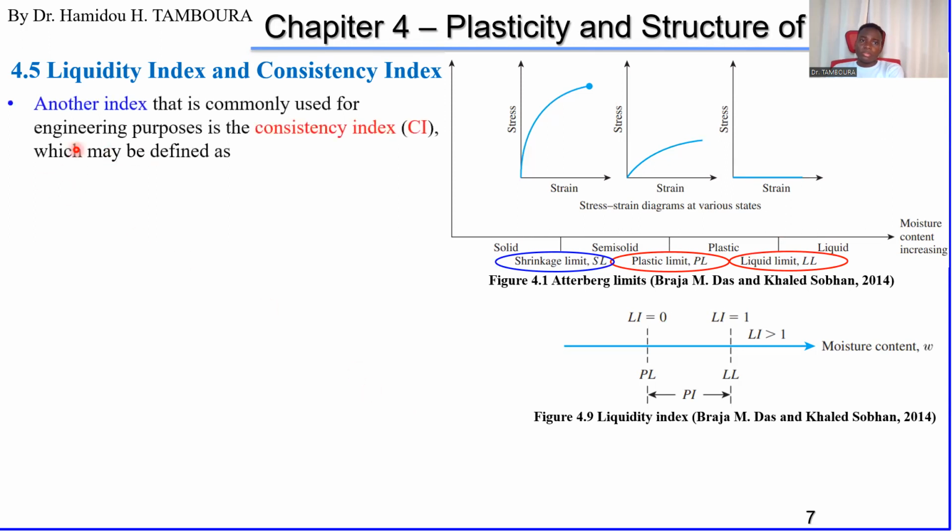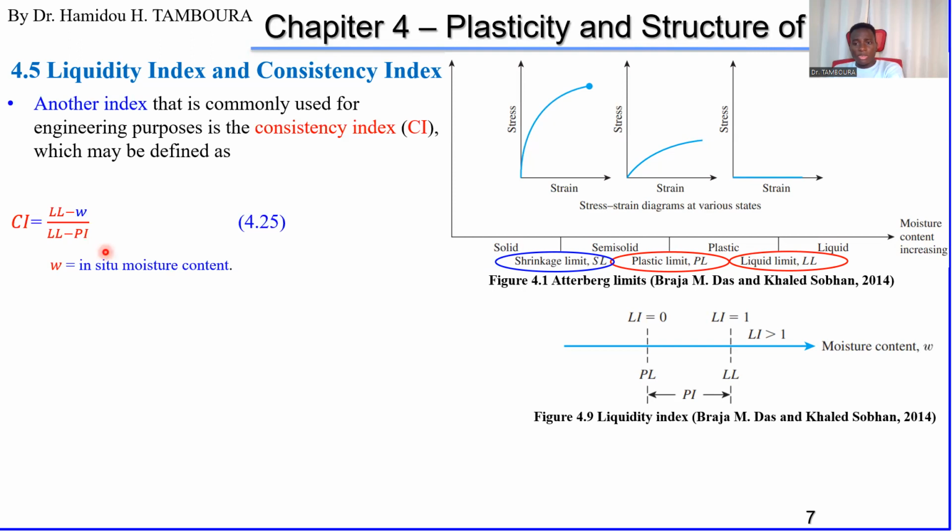Another index that is commonly used for engineering purposes is the consistency index, CI. What is consistency index? It is given by this formula: liquid limit minus water content, divided by liquid limit minus plastic limit, which is the plasticity index.